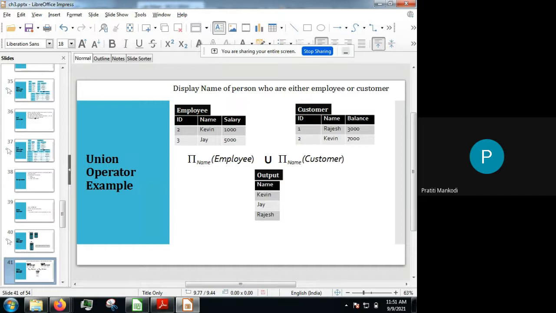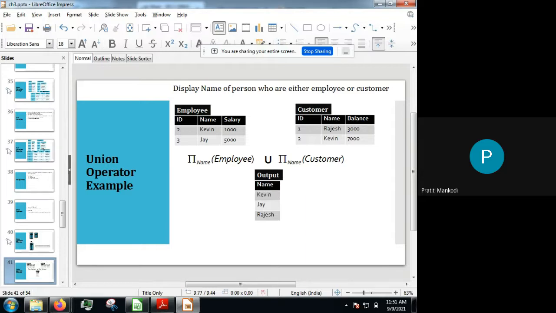Theoretically you can apply them on any two tables, but practically you should apply union, intersection and set difference only on those tables where you have something common. That means there is some compatibility between the two tables. Is it clear? Then and only then does taking a union have meaning. Got it or not? Otherwise the meaning will not be there.